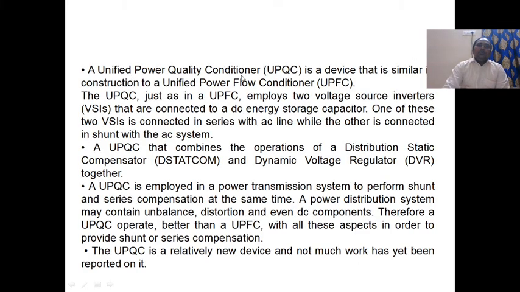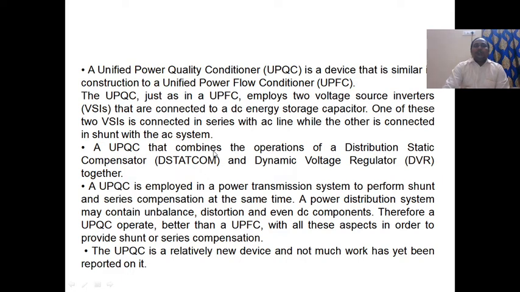A UPQC is a device similar in construction to UPFC. The UPQC, just as a UPFC, employs two voltage source inverters connected to a DC energy storage capacitor. One of these two VSIs is connected in series with the AC line while the other is connected in shunt with the AC system.